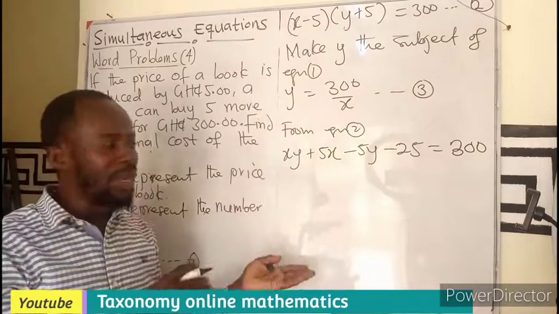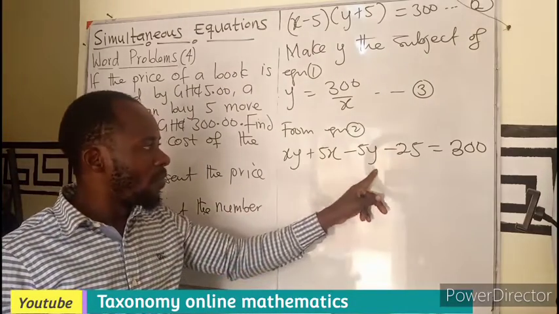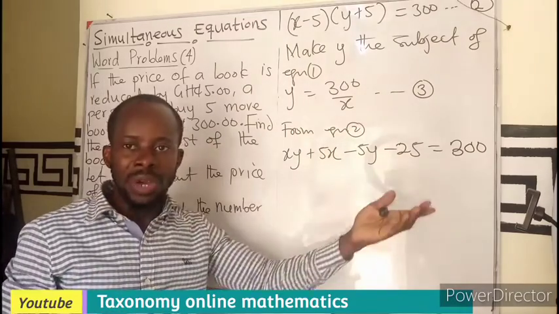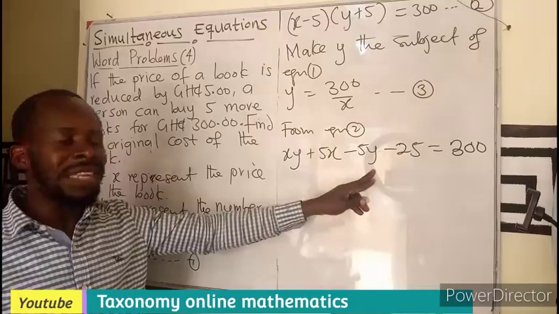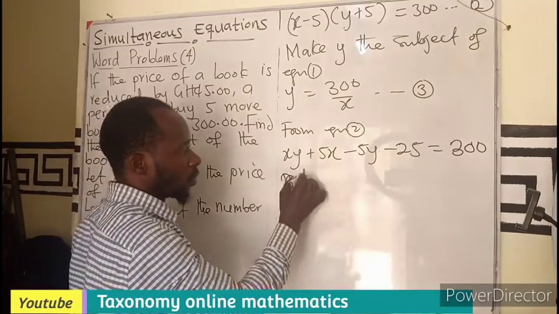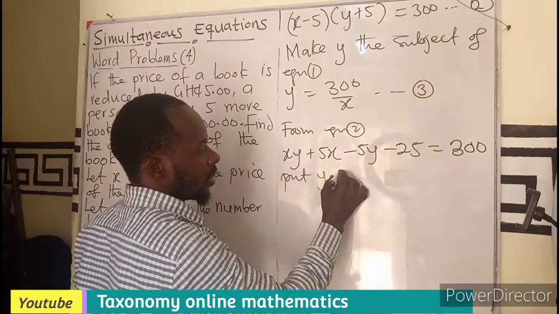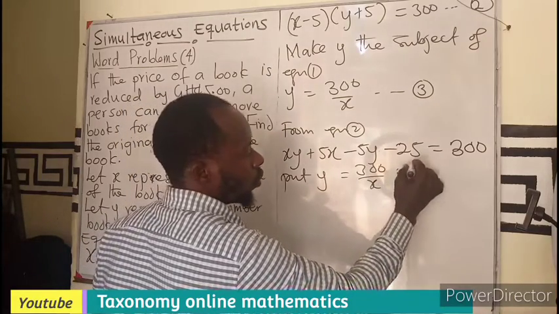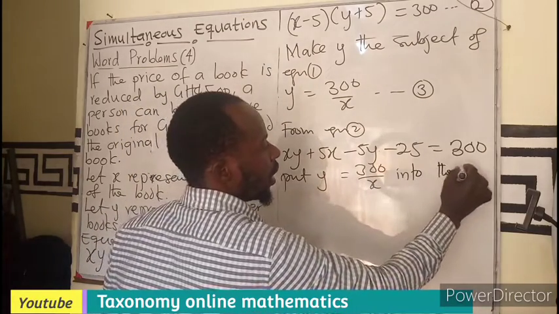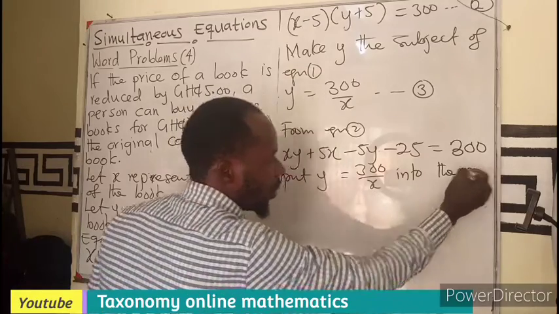So after expansion, I don't have any common factor. But from here I can see that y is still inside. So put y equals 300 over x into the above equation.